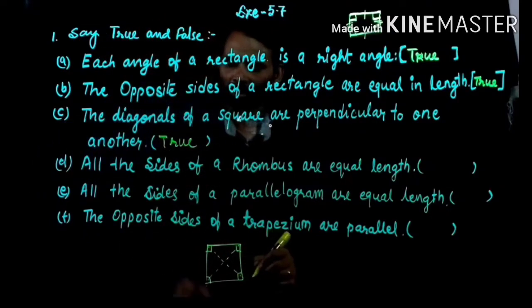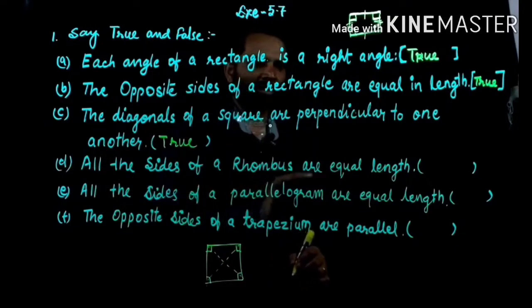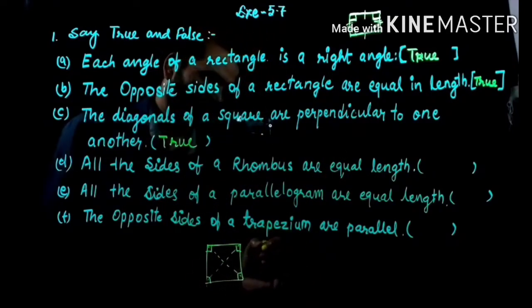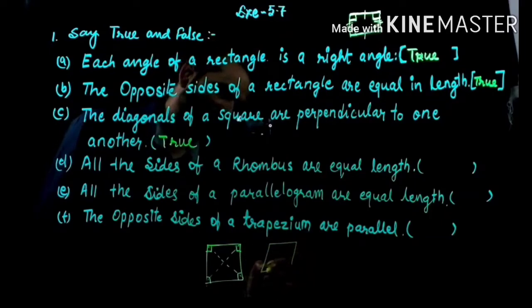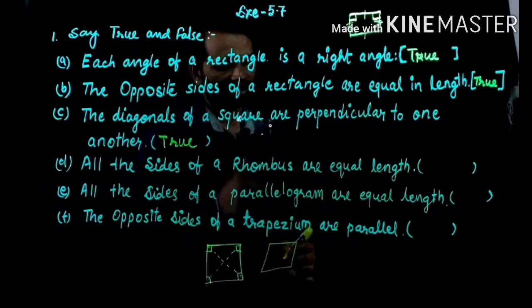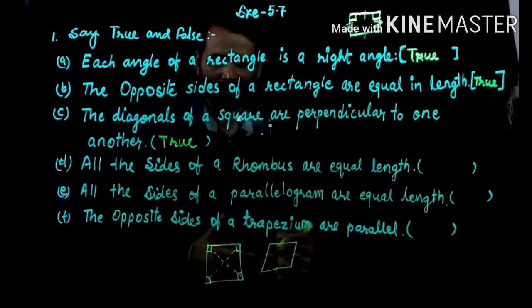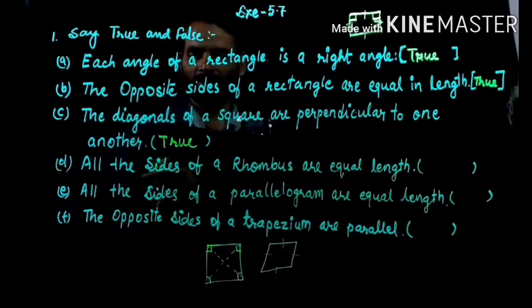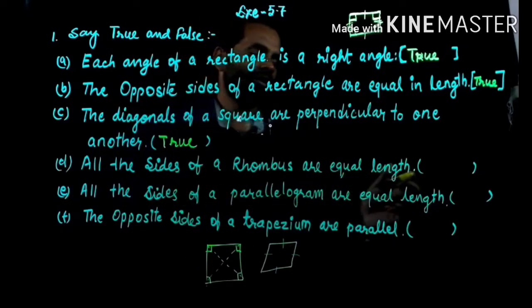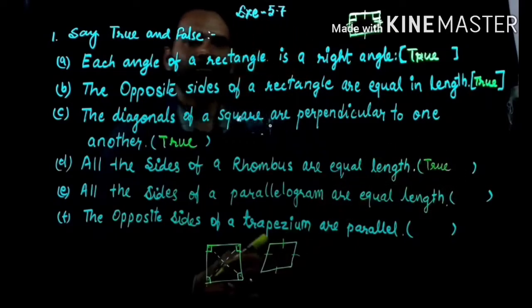Okay, all the sides of the rhombus are equal. The rectangle, rhombus and square properties are the same, only one difference: in a square all sides are equal and all angles are 90, and in a rhombus all angles are not 90 but opposite sides are equal. So all the sides of the rhombus are equal length, this is true.